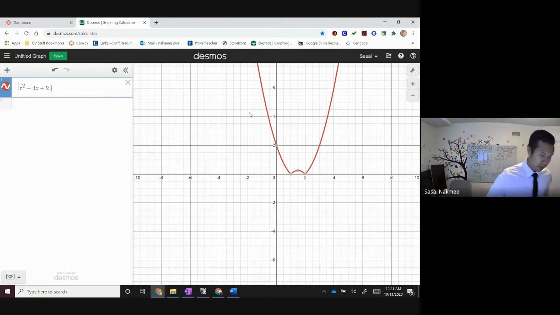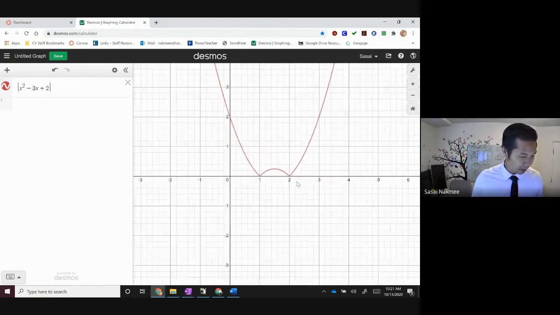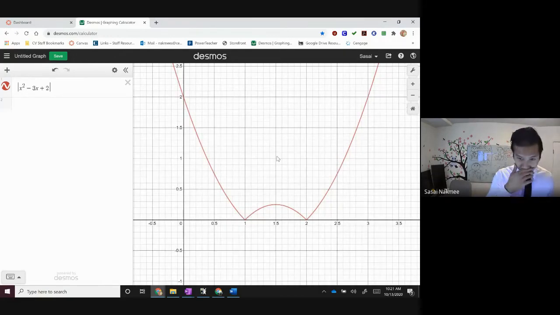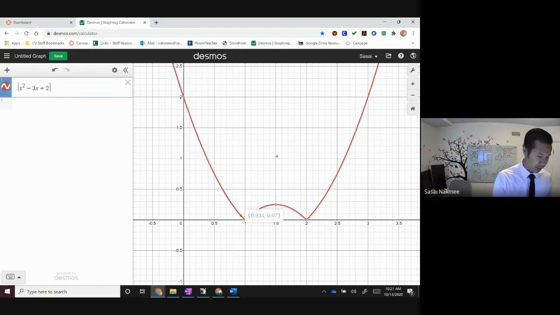So that's the graph of this parabola right here. And here's the thing. This thing is continuous. You guys see that, right? It's continuous all the way from negative infinity up to infinity.